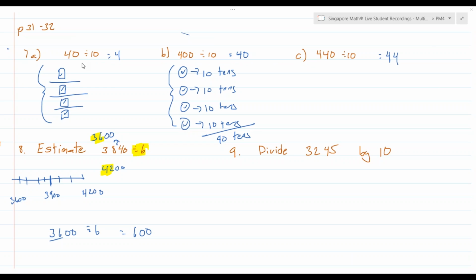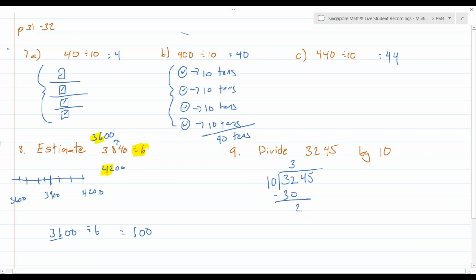Then we have number 9 that wants us to do 3245 divided by 10. We have not had a two-digit number out here before, but it works exactly the same. 3 is not divisible by 10, but I can think of 32 divided by 10, and that goes 3 times. 3 times 10 is 30.